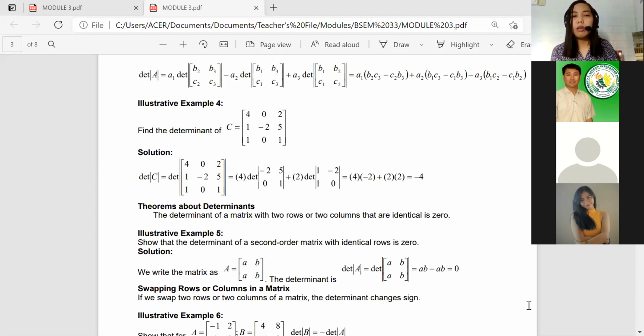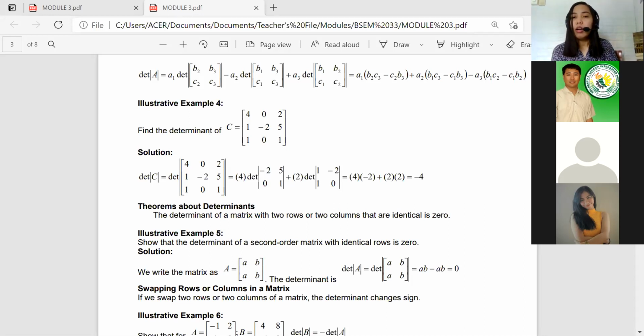Halimbawa ito, same ang column 1 and column 2. When you get the determinant of that, it's always 0. So when we show if this is true, this theorem, so find the determinant of matrix A times B, it's AB minus A times B, it's AB. AB minus AB, it's 0.